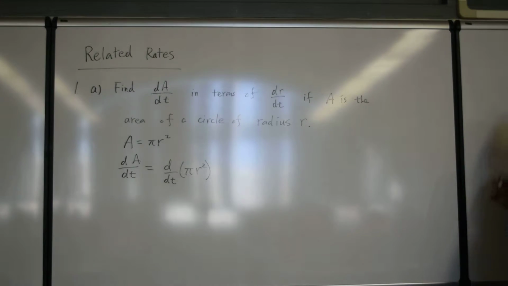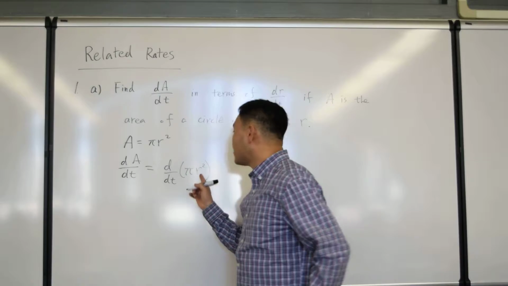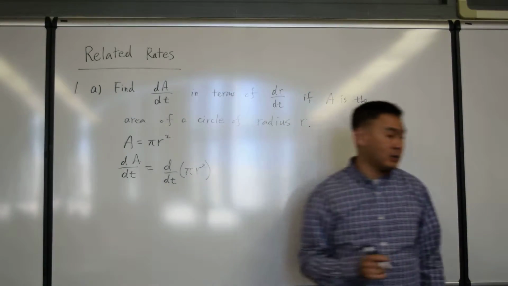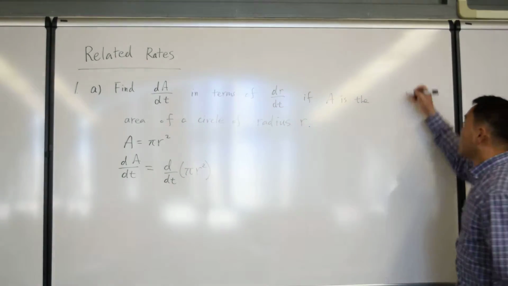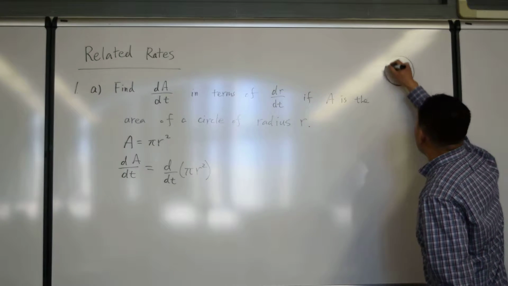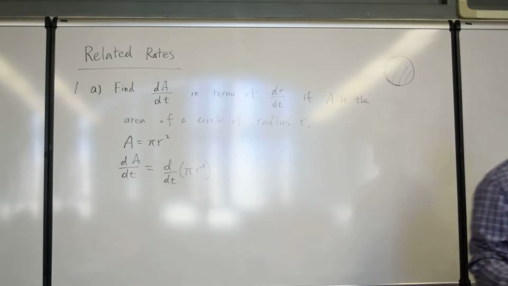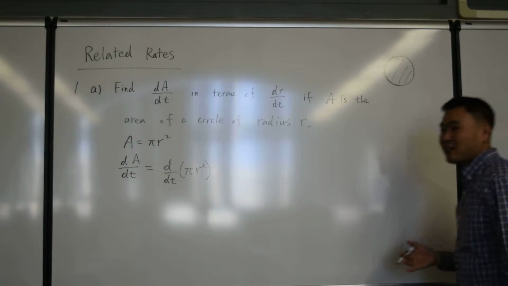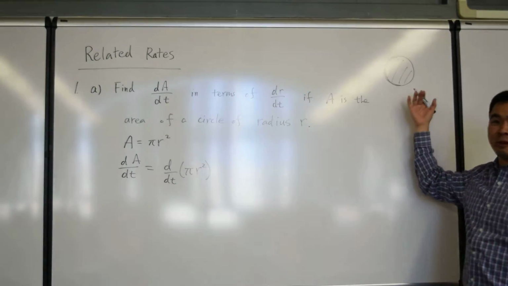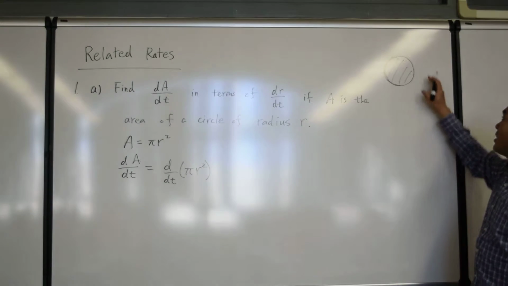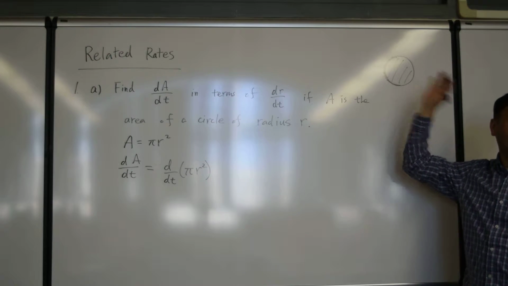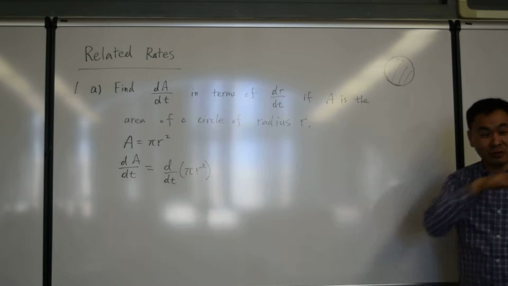Now, what you have to understand here is that you have to consider both A and r as functions of t. So, for example, if you had a circular black spot of ink that's spreading, okay? Oh no, that's bad. But since we're mathematicians, we are more interested in how fast this area is going to change with respect to the rate of change of r, right?